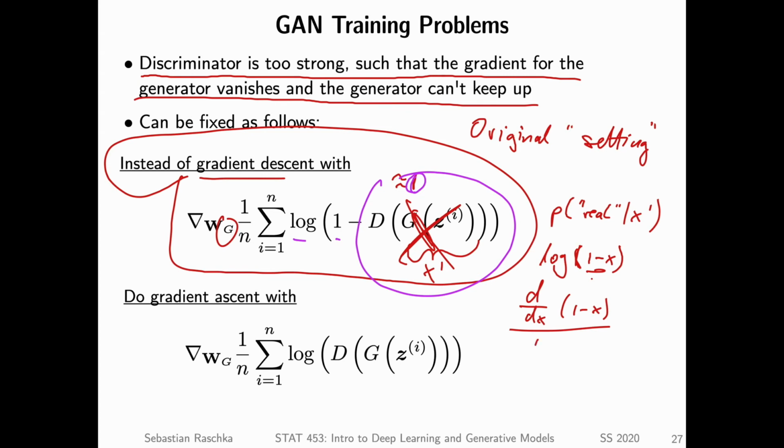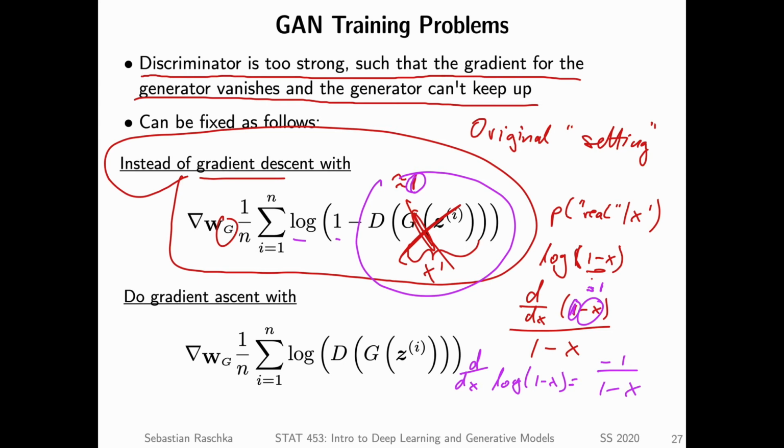In that case, it's 1 minus x. And then if we compute the derivative of the inner part, we can use the sum rule, the derivative of that one goes away, and then the derivative of the second part is minus 1. So what we get here is d/dx of log(1 minus x), that should be minus 1 over (1 minus x).